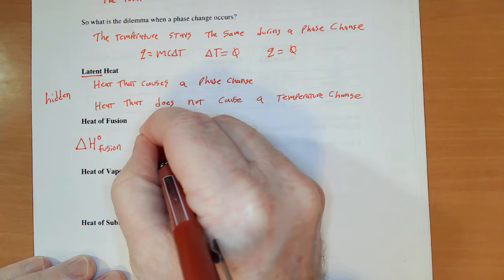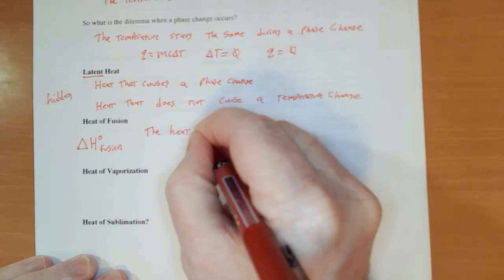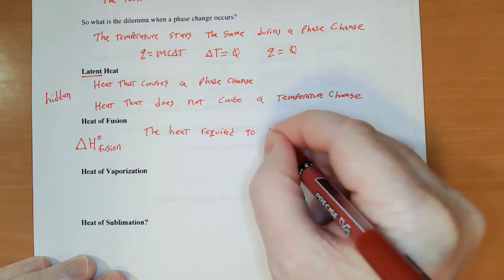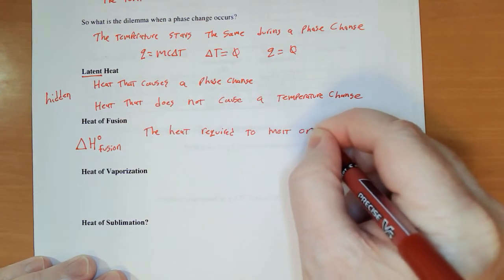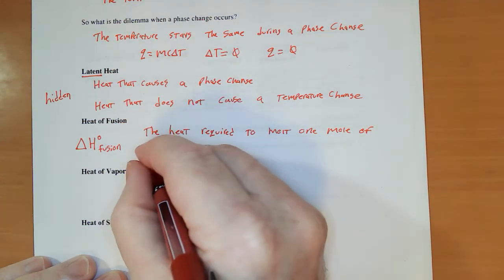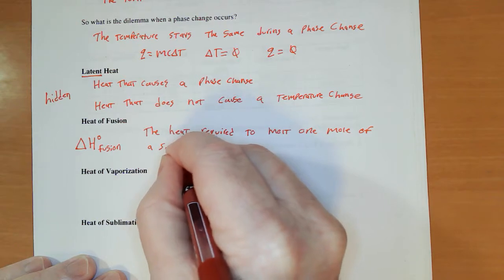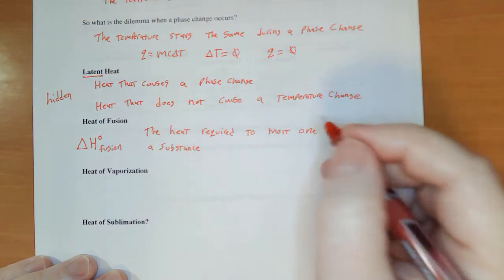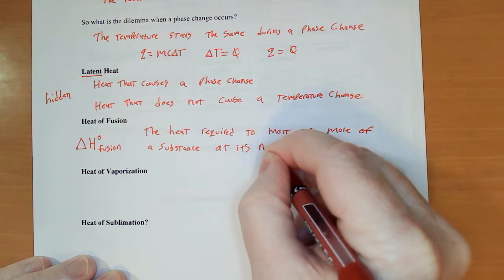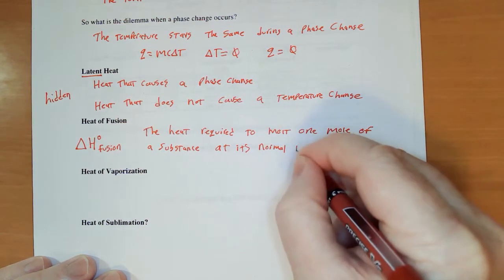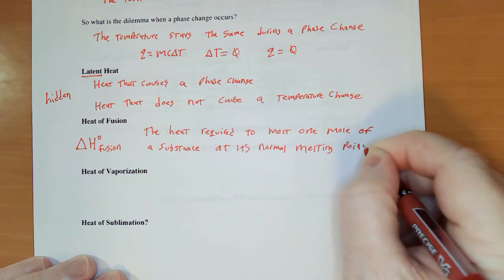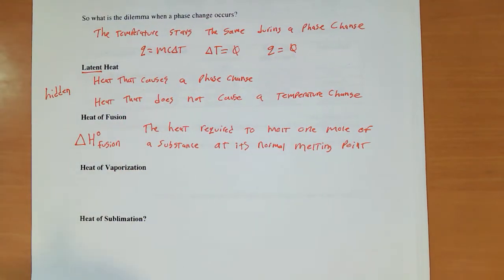The heat required to melt 1 mole of a substance at its normal melting point. So we don't have to heat it up to get to the melting point or anything like that.